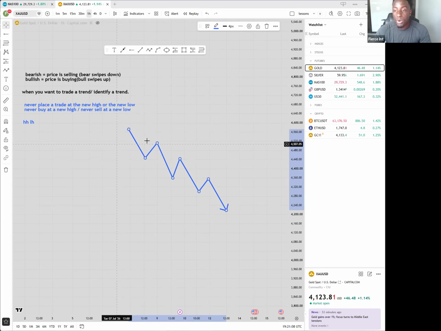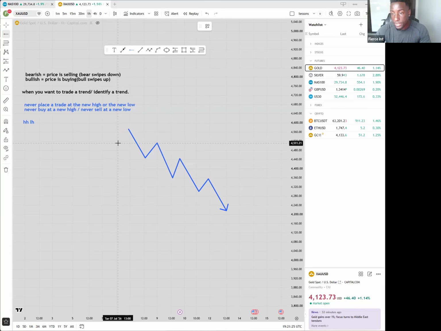Now, because we don't know how far price is going to go down, I always tell people to place their stop loss at the previous high. Because when price is placed here, your stop loss is placed here, for example.